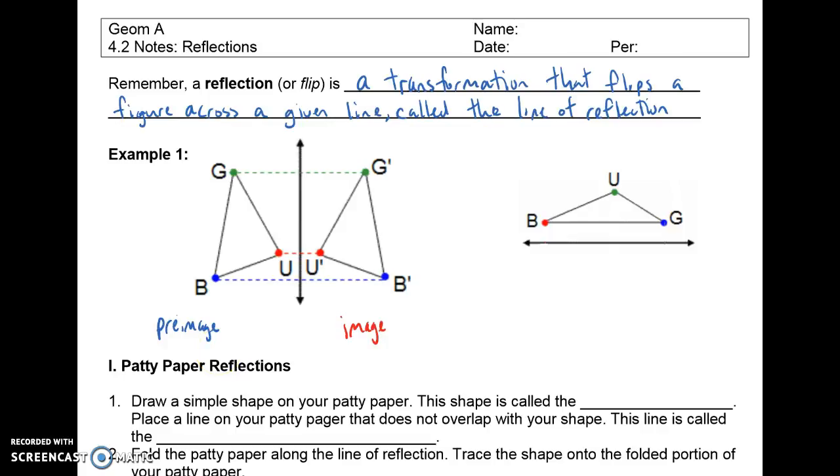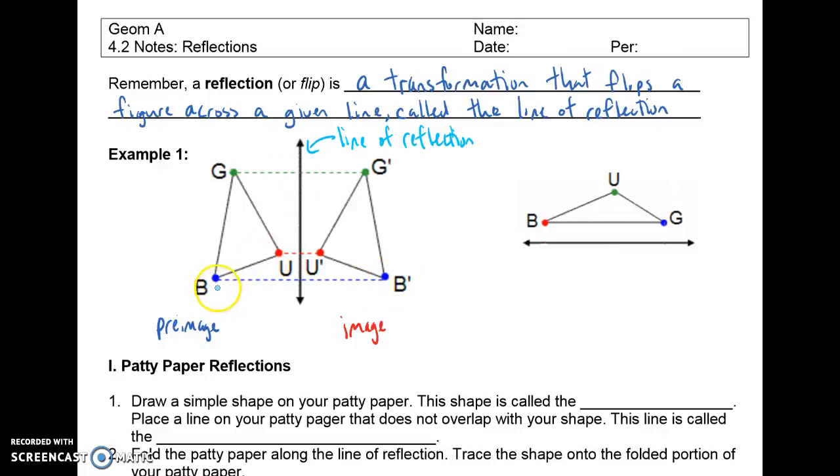Now this line in the middle, that cuts the two figures, that distance, in half, is called the line of reflection. And how it works is it, again, cuts the distance between the preimage and image in half.